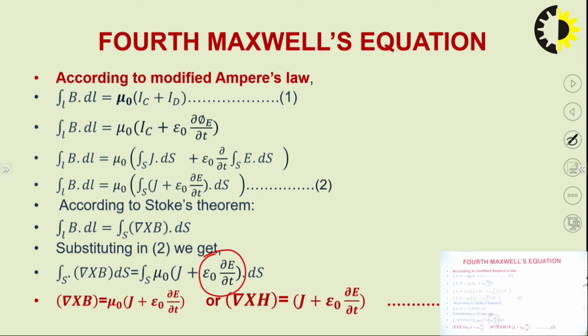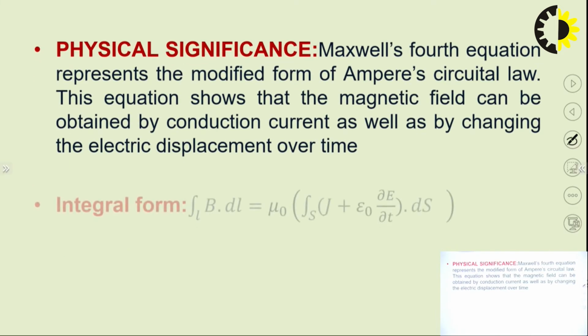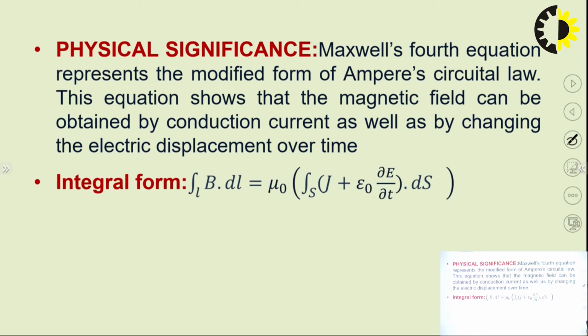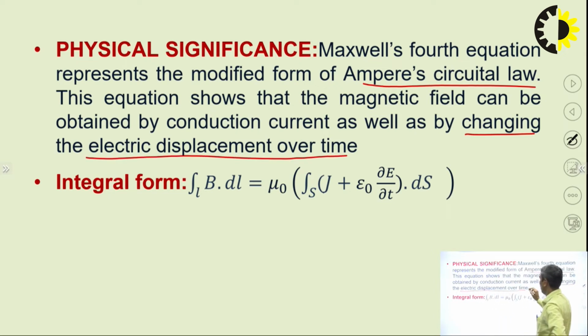So this is the fourth Maxwell equation, and its physical significance is that it represents the modified form of Ampere circuital law: the magnetic field can be obtained by conduction current as well as by a changing electric displacement over time, or electric field.